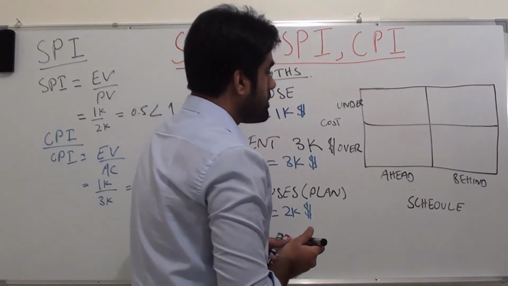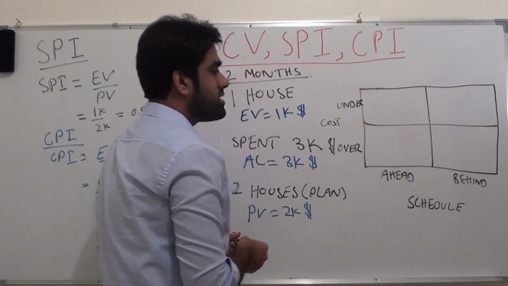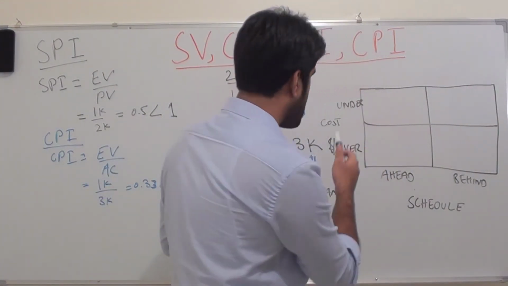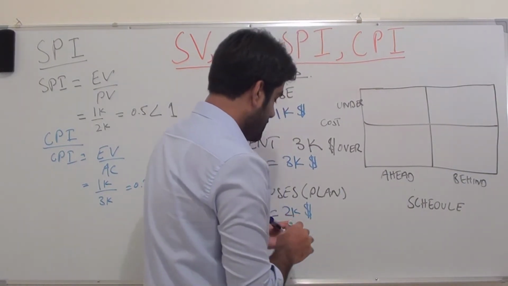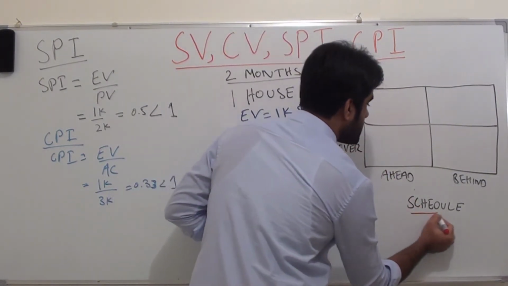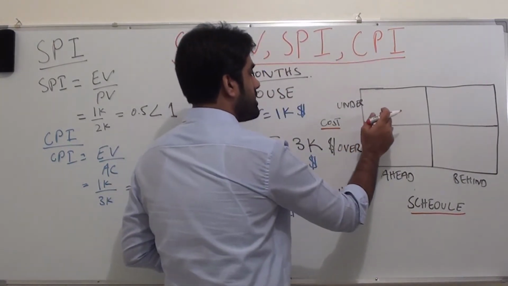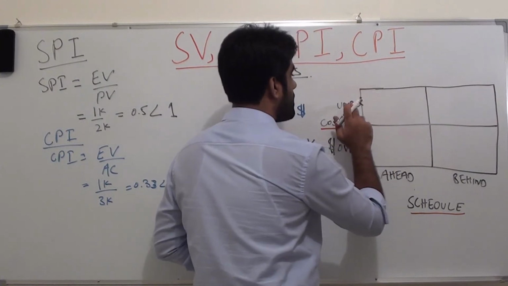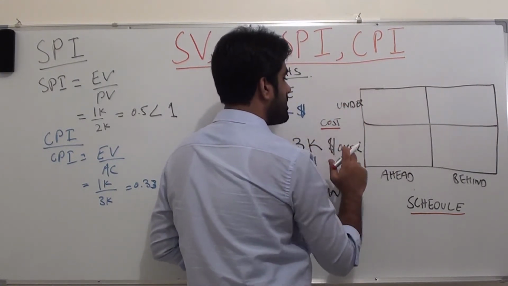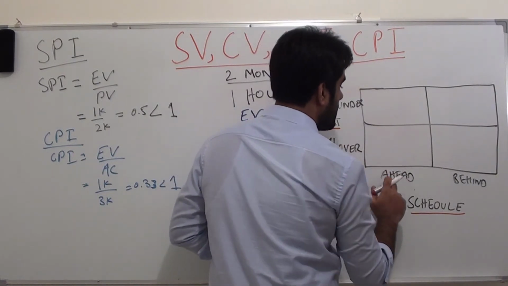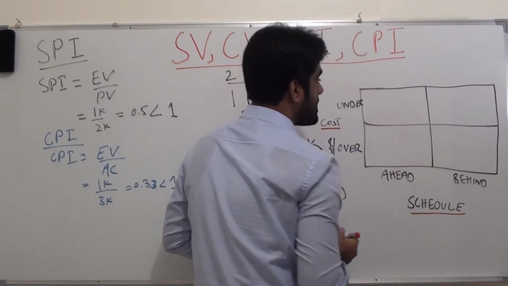So let's draw our variances and performance index in this box. These two boxes will be used for under budget, under cost, and these two over budget, and these two for ahead of schedule, and these two for behind schedule.